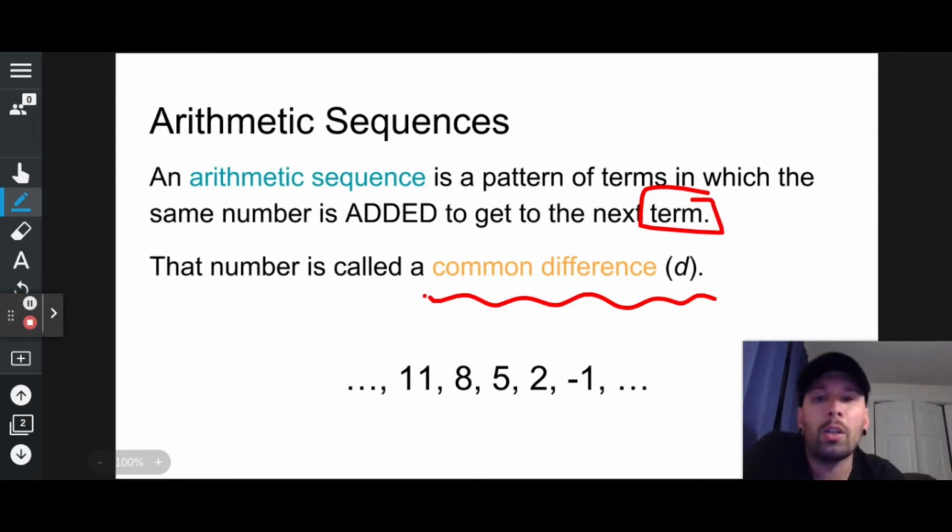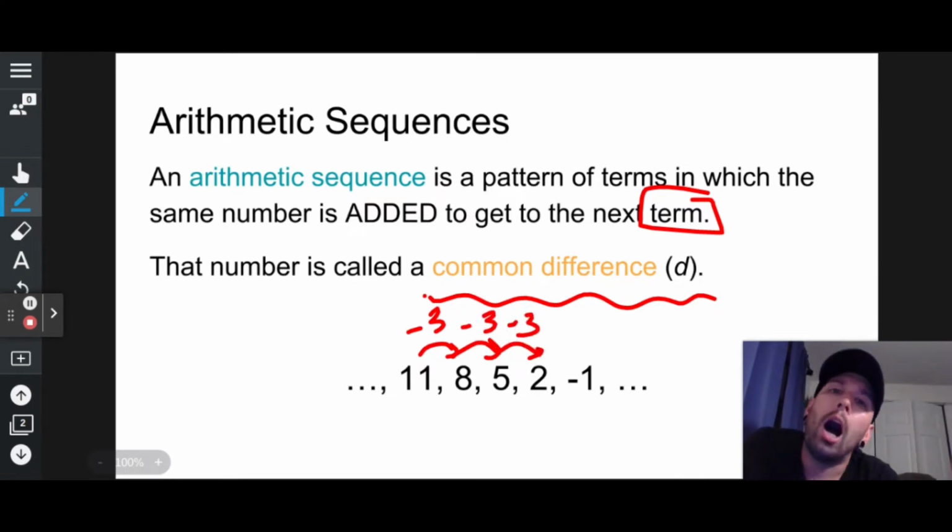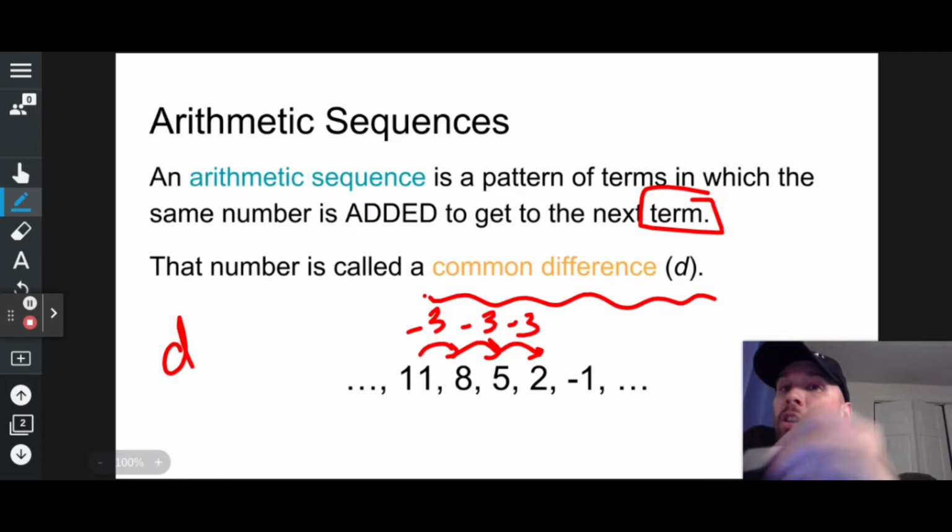So when I look at this sequence right here, I have terms of 11, 8, 5, 2, negative 1. And it seems to get from one number to the next, I subtract 3, I subtract 3, I subtract 3, and so on and so forth. Now, the common difference is what I add to get from one number to the next. Well, we always consider it adding.